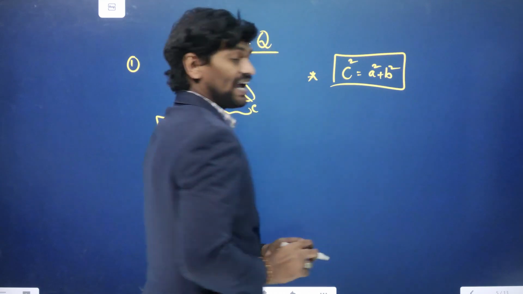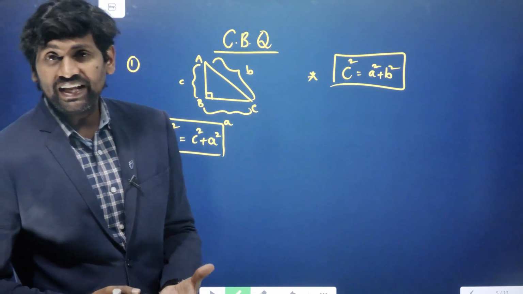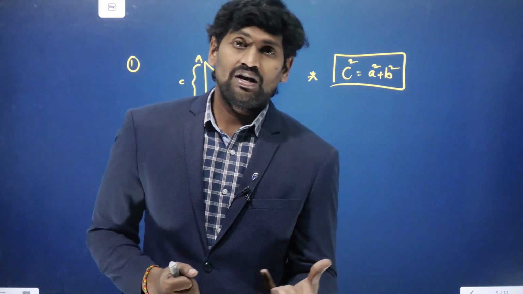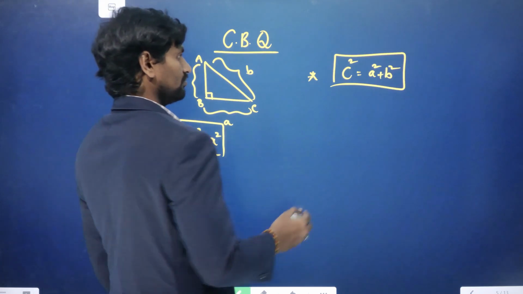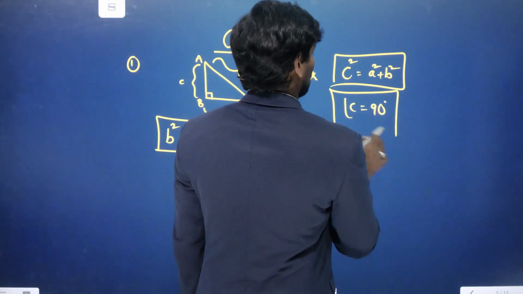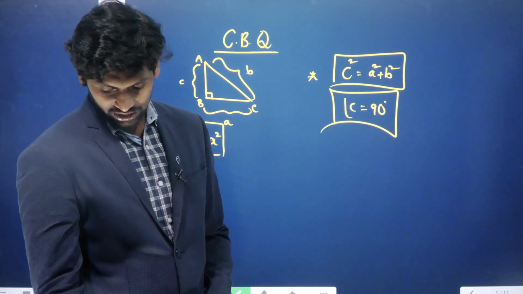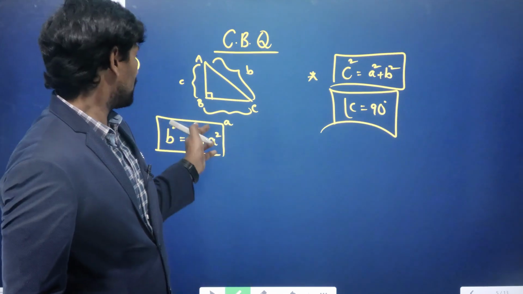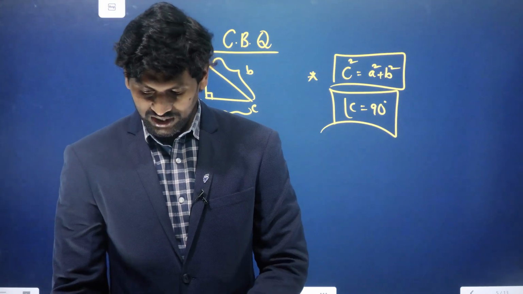Then angle C equals how much, that is, at which vertex is the 90 degree angle? Angle C equals 90 degrees. Okay? Yeah. So according to the first question, the option is B square equal to C square plus A square. So let us move on to the second question.